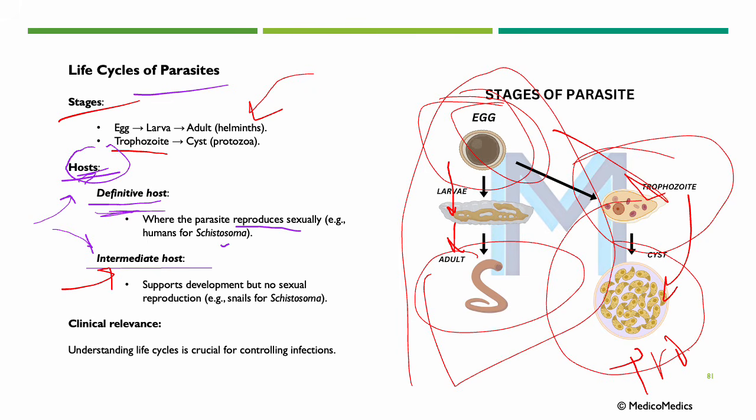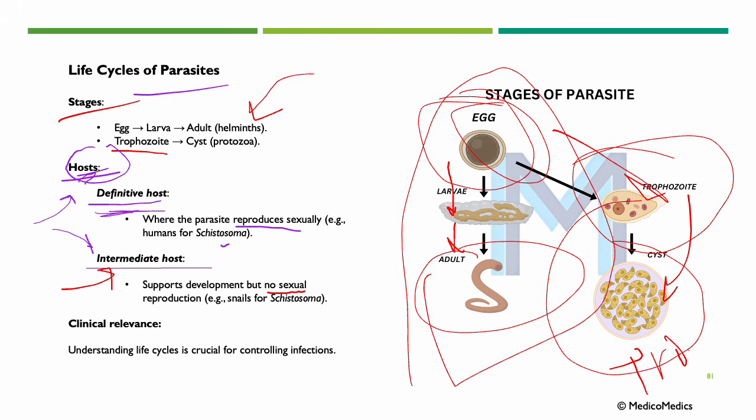The intermediate host is the organism in which the parasite undergoes asexual reproduction, right? So no sexual reproduction, but rather asexual reproduction or other developmental stages, but it does not do it sexually. So it is essential for the parasite's development and transmission to the definitive host.